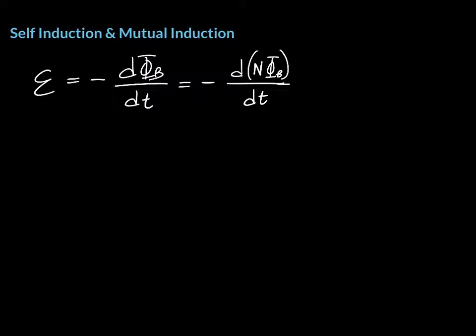Is everybody okay with why I can do that? I'm summing it up by using that factor. That's all I'm really doing. And we just determined that this N phi B equals inductance times current. So that means I have minus d/dt of Li, which means that my induced voltage is equal to minus the inductance times the rate of change of current.